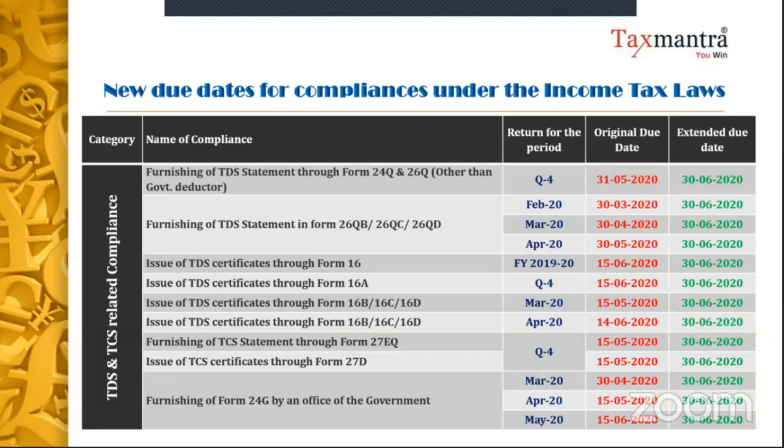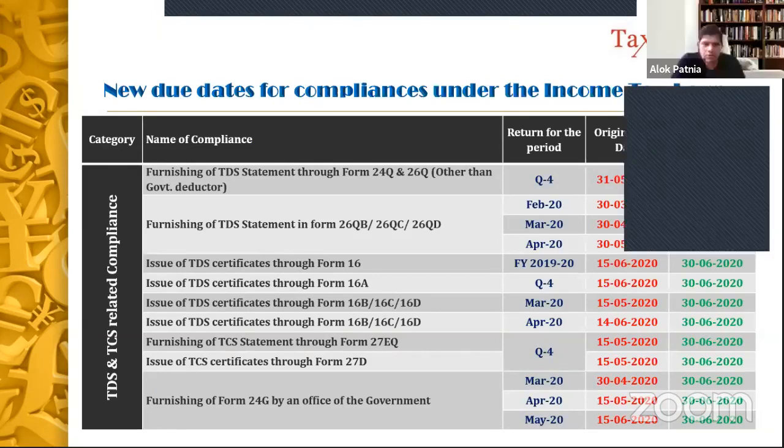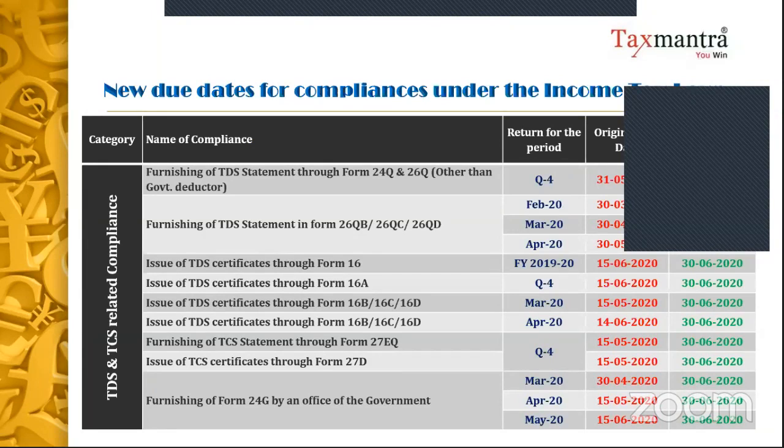Now coming to the next section, the TDS certificate. Robin, please also explain what 26QB and 26QC are to our attendees. Yes, Form 26QB is TDS on sale of property.